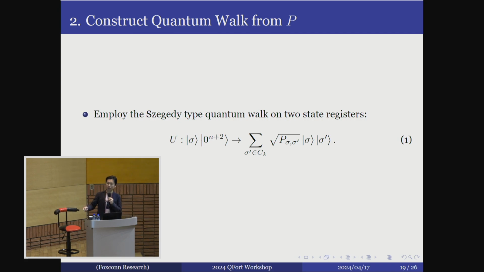The idea to do that is very similar to Szegedy's quantum walk, which tells you an approach to encode a Markov chain transition matrix. We can also do that, with slightly different ways to encode this Markov chain transition matrix. And we can show that this is efficient if it's a clique complex.